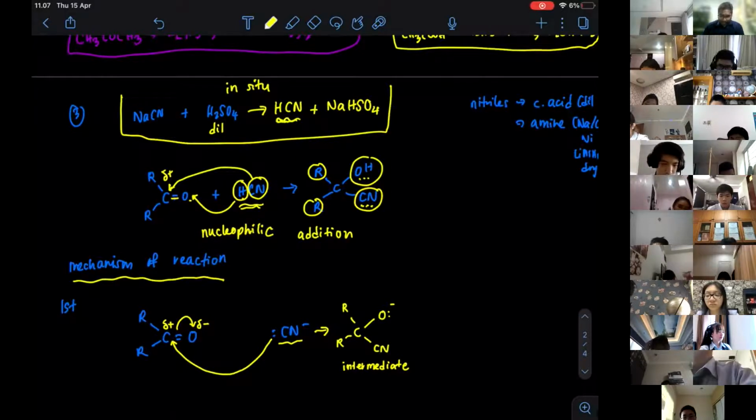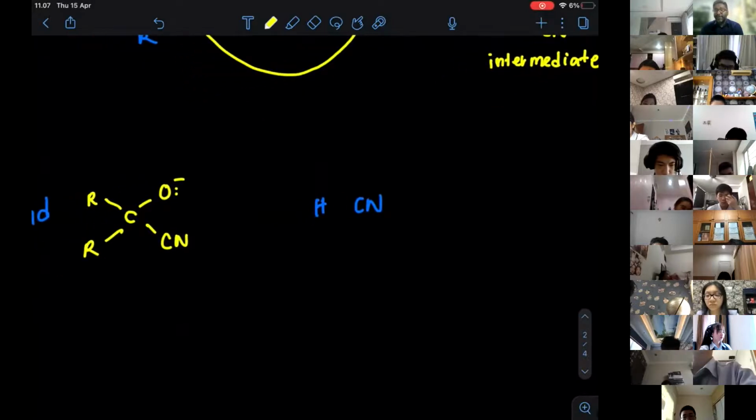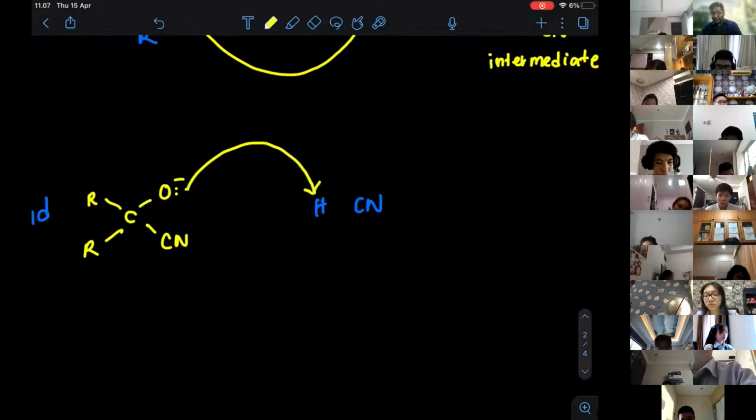But now, from the molecule of HCN itself, how can further reactions happen? Because of the lone pair of electrons at the oxygen, they are going to move and attack the hydrogen.